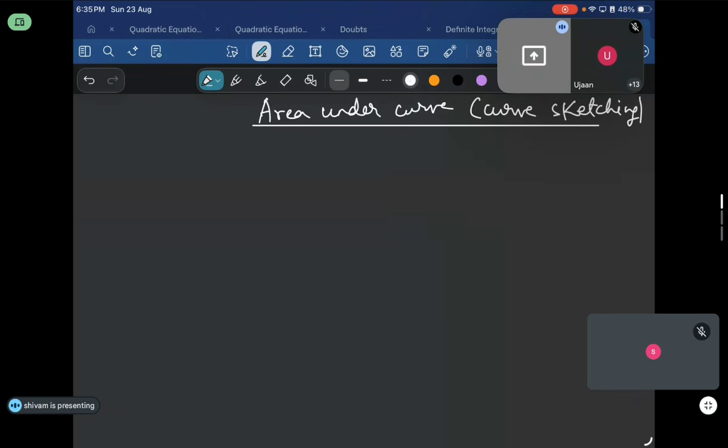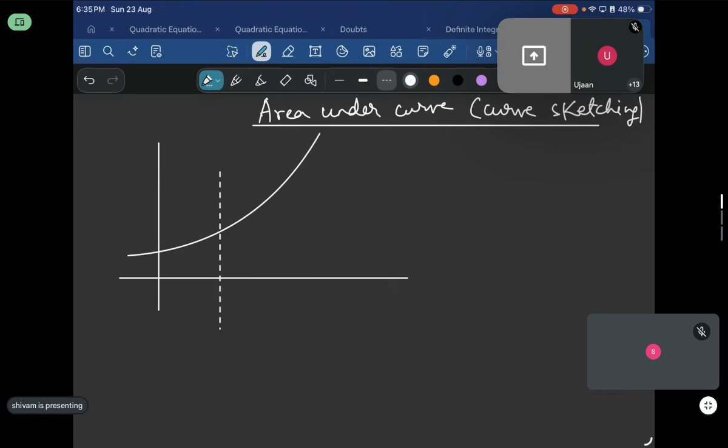So basically, wherever we want to find out the area, okay, if this is the curve, I want to find out the area between A and B. Okay, that means this area.